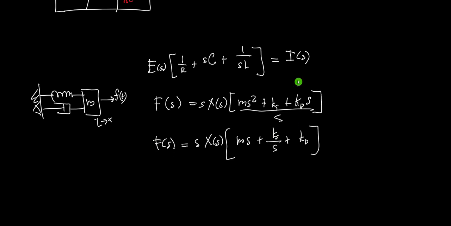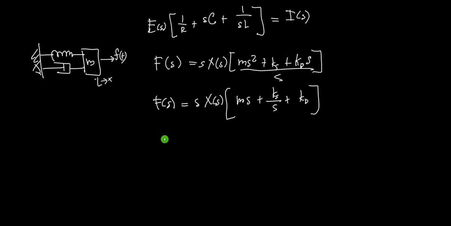So if we look at it now, we have s times X of s. And remember, what is displacement? What is velocity? Velocity in the time domain is equal to the derivative of the displacement with respect to time.